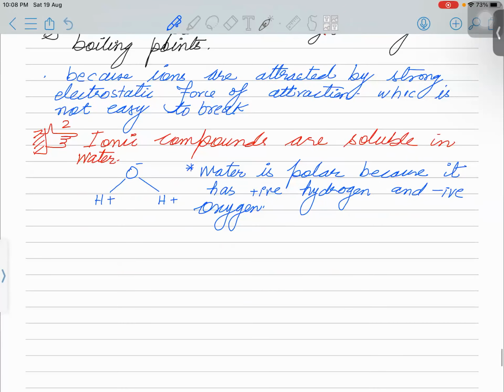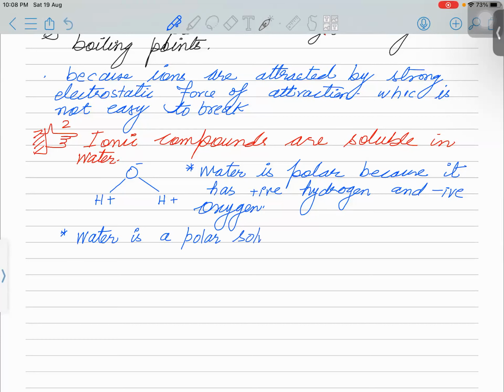Because water is polar, the charges can easily move. Because of the movement, ions dissolve in it. In ionic bonds also there are both positive and negative charges, similar to water.